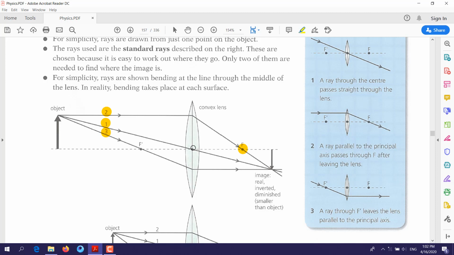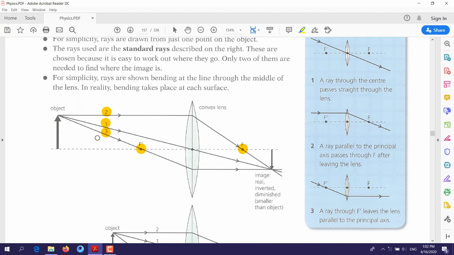Let's say it's 2 centimeters. You will put your ruler here and draw another point also 2 centimeters away. So this distance should be equal to this distance. You will draw this point here.